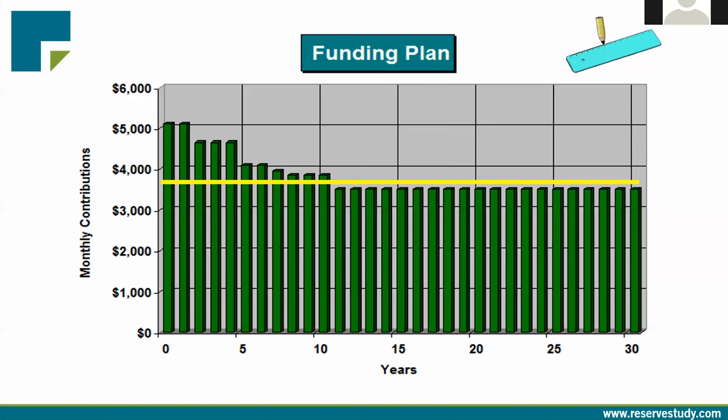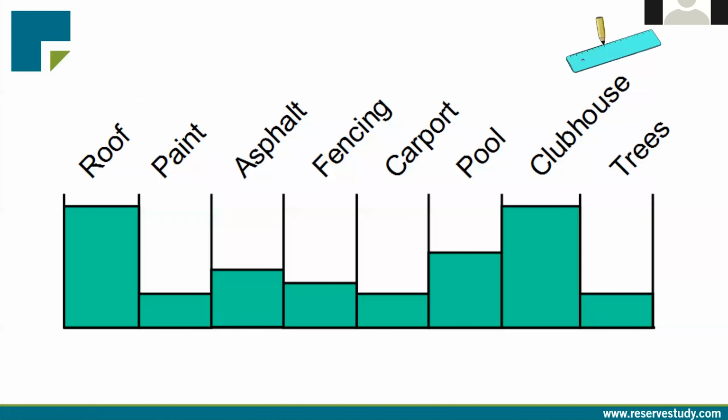Exactly. So here's another way to look at the difference between the two, an accounting issue. Remember, in the component method, the reserve fund is divided into separate accounts for each component and may look something like this.